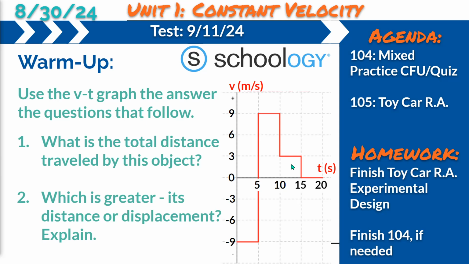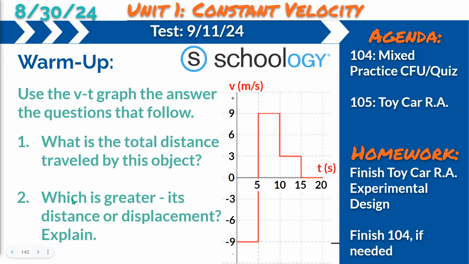And that answers the second question, which is greater, distance or displacement. Your distance will always be greater than or equal to your displacement, and in this case it is greater than. Okay, it would have been equal to if all of the motion was in the same direction. But because I had backwards and forward, now I have to cancel some of that out whenever I'm looking at my displacement because, again, if you end up back where you started or if you backtrack, you end up having to add that negative here and then this part's positive.